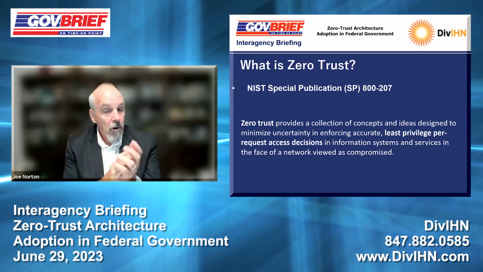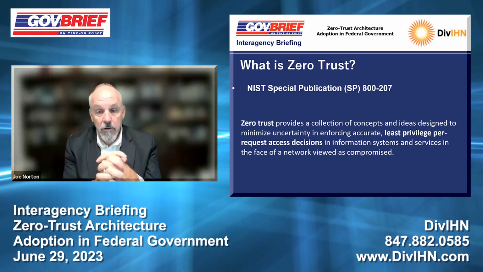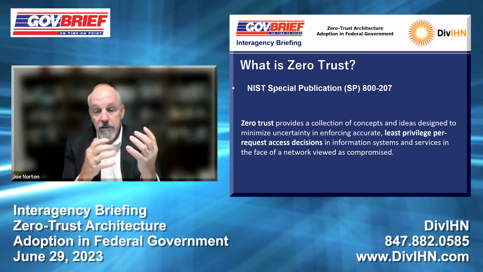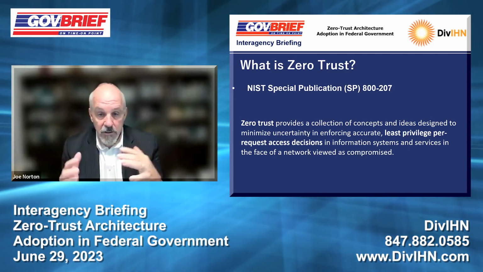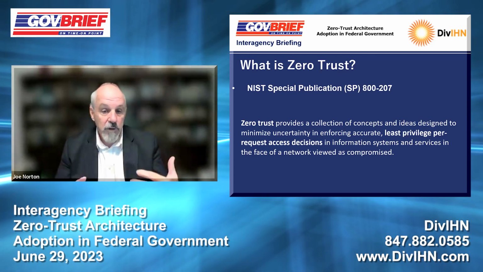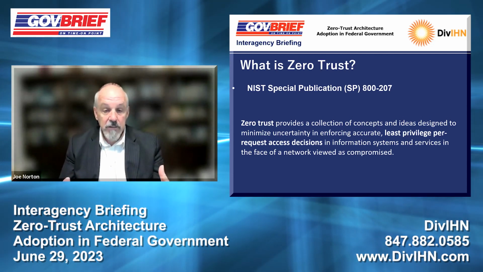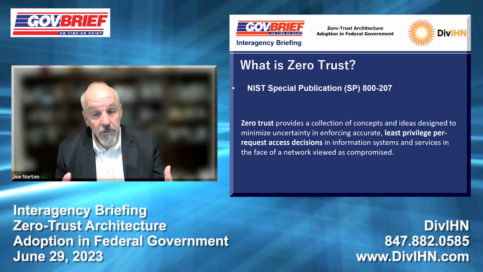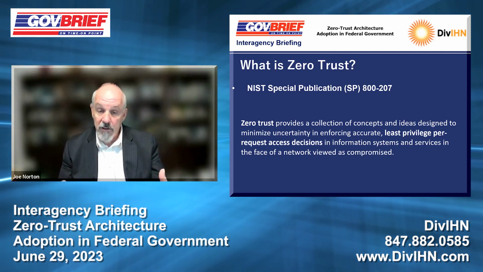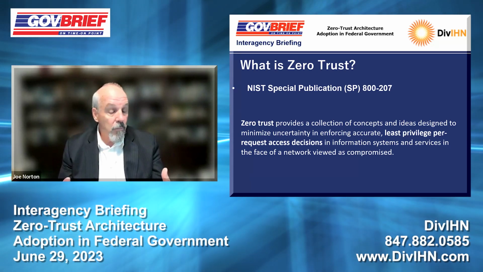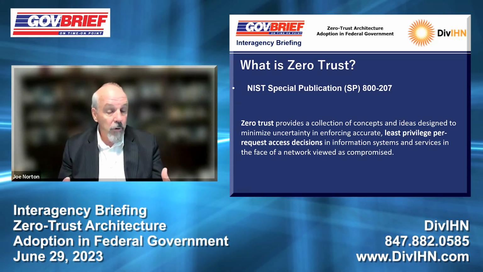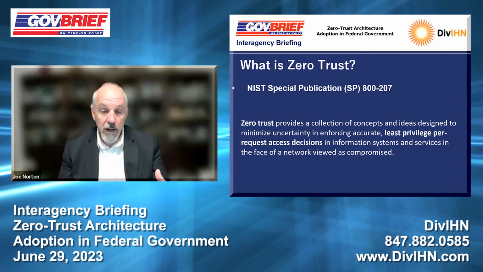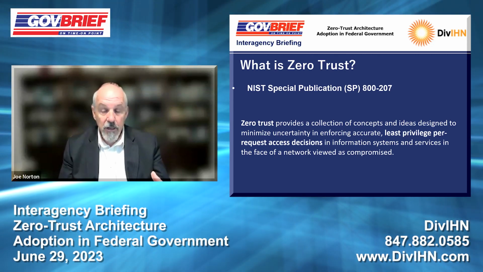Fantastic. So our NIST Special Publication 800-207 provides a collection of concepts and ideas to minimize uncertainty, enforcing least privilege, and request access decisions in information systems and services in the face of a network viewed as compromised. Now, these are two important points to make here: least privilege per request access decisions.